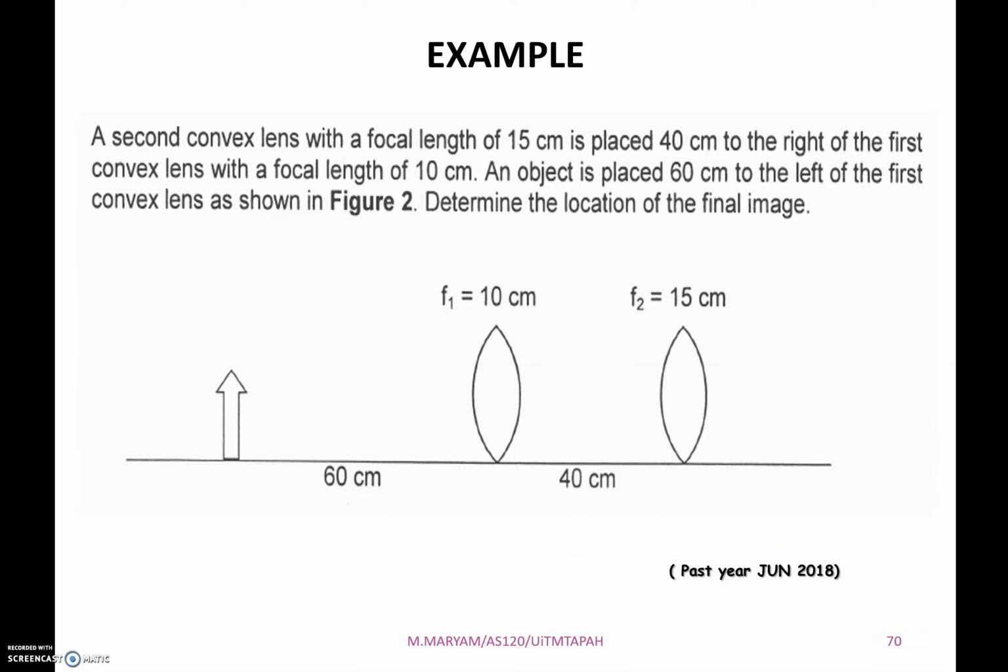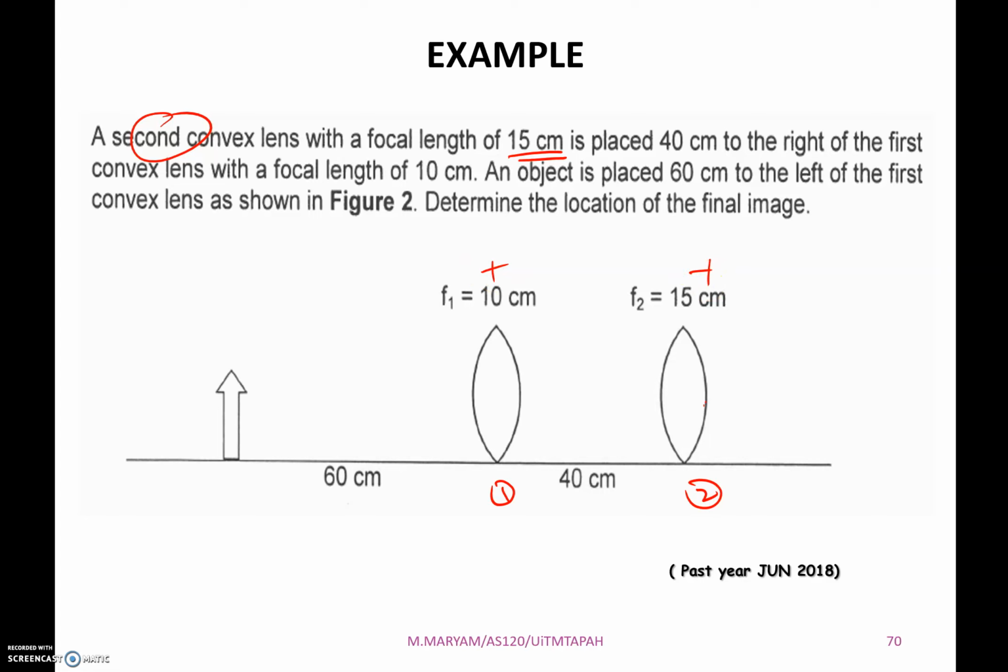The second convex lens with a focal length of 15 cm, second meaning this is the first one, this is the second one, is placed 40 cm to the right of the first convex lens, which has a focal length of 10 centimeters. So the focal lengths are given there. Since both are convex, both f are positive.